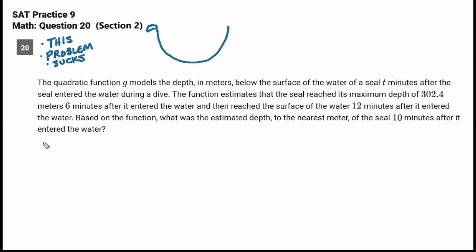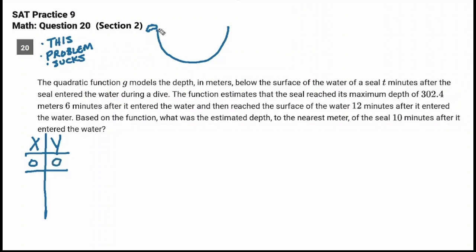All right, what is the information we have? We have a bunch of information here. We've got a bunch of x's and we've got a bunch of y's. First of all, what is x and what is y? Y is pretty easy. It's going down or going back up. It is the depth of our seal. What's x? X is the time that it's taking for this process to go. So at the very beginning, we've got 0 time and 0 depth, right?